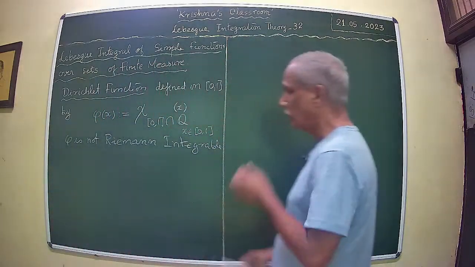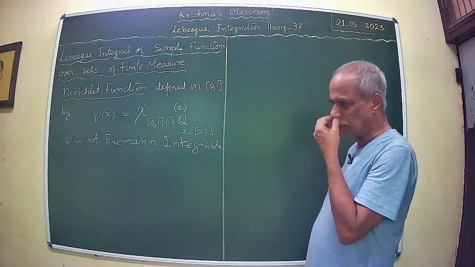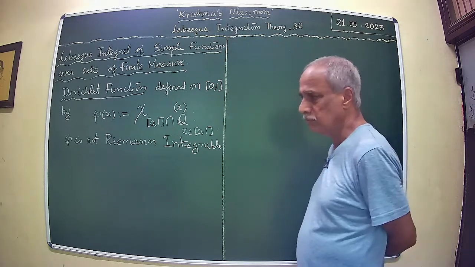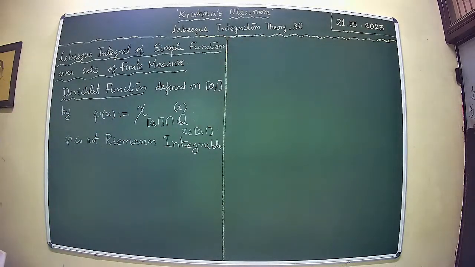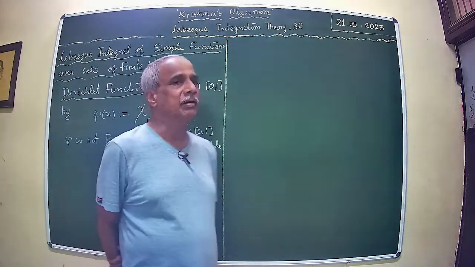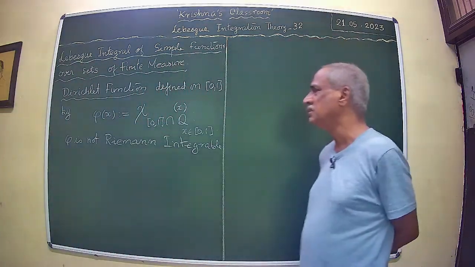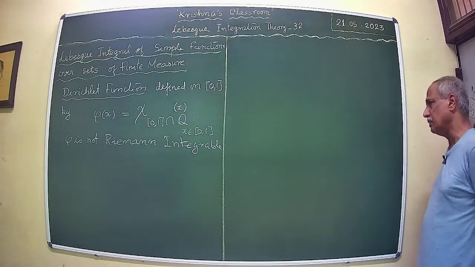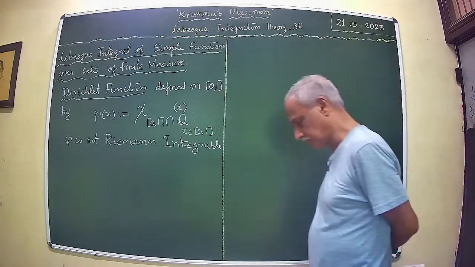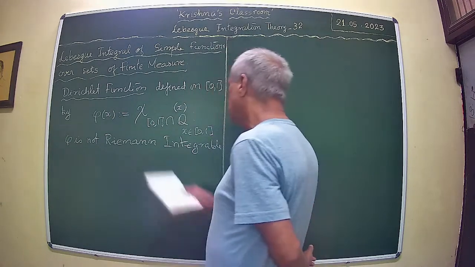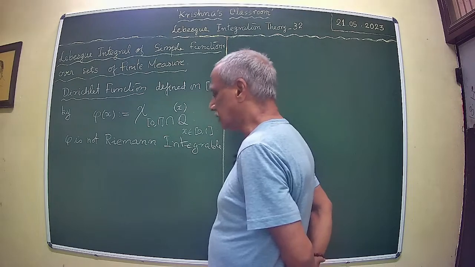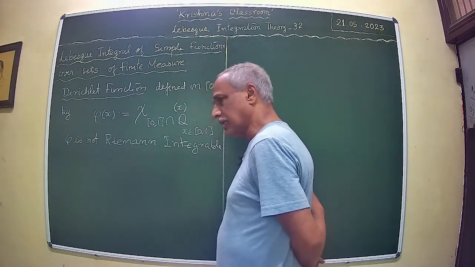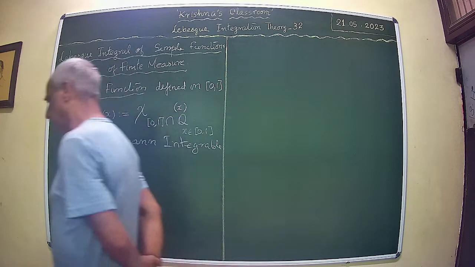Why? Because if you go back to the definition of the Riemann integration, it involves taking both supremum and infimum on intervals, and you know that on every interval on 0, 1, there exist rational points as well as irrational points.